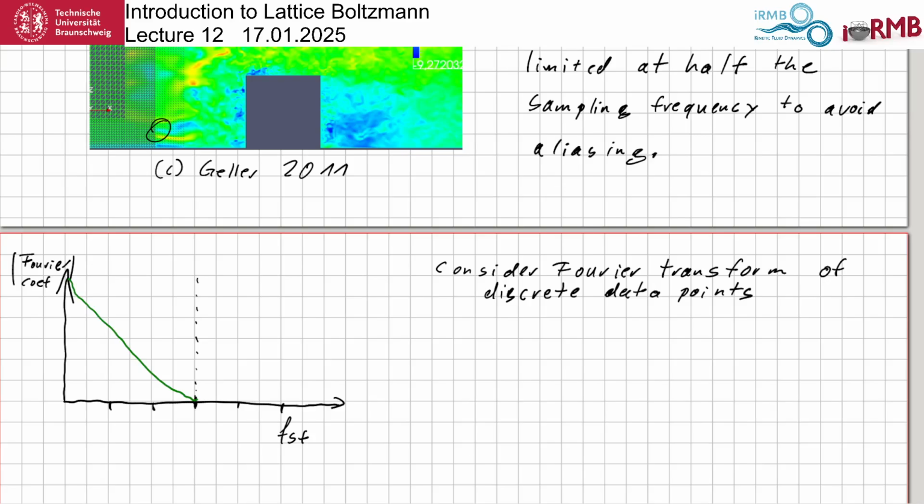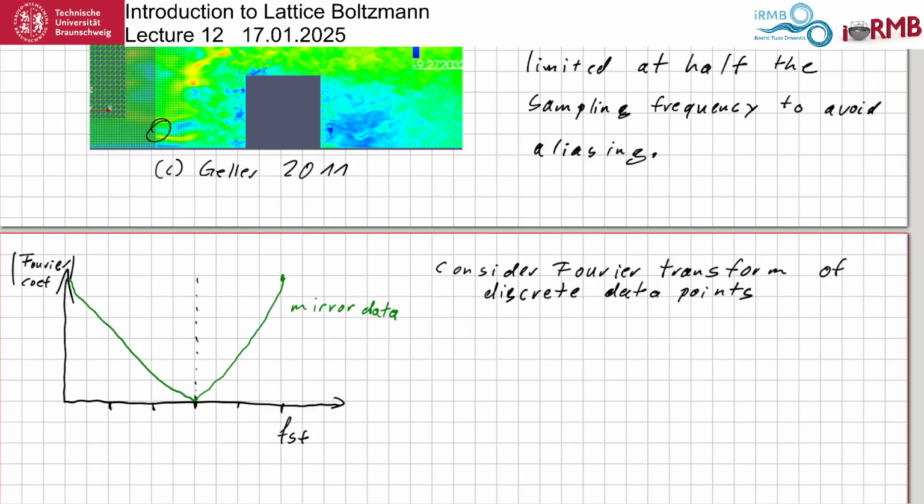And we sample this, then the Fourier spectrum will have a mirror image around its half frequency. It's not very beautifully drawn, but this is the mirror image, the mirror data. Why does this look so ugly?